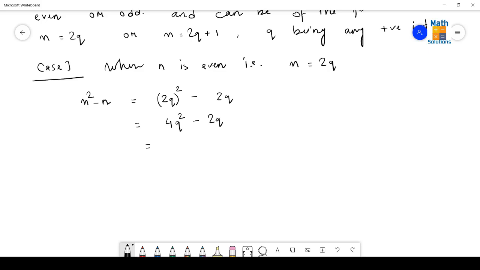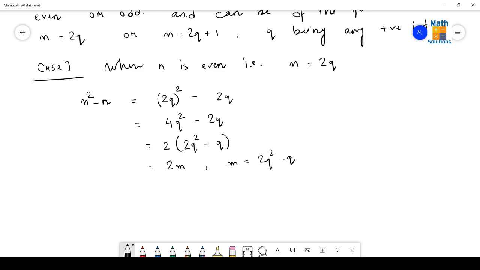Can I take common 2? Yes, of course. Within the bracket, what is left behind? 2q square minus q is left. So I can further reduce it to the form 2m, where m is equal to 2q square minus q.